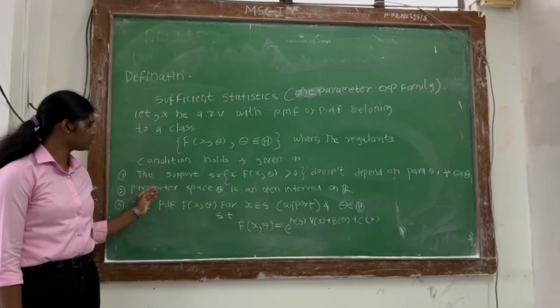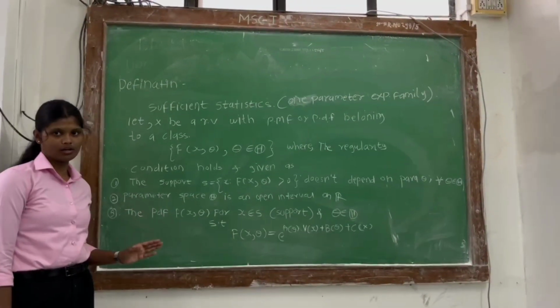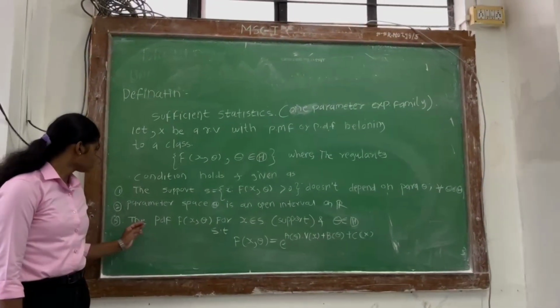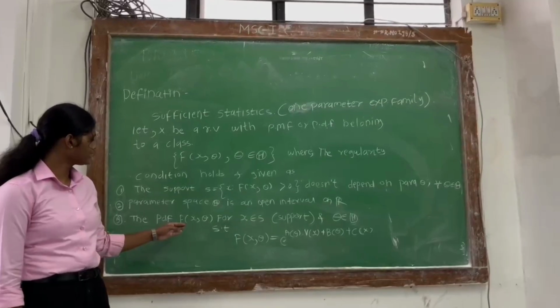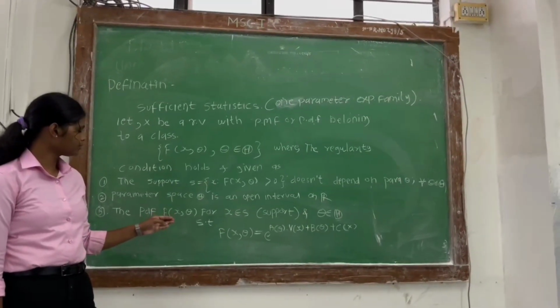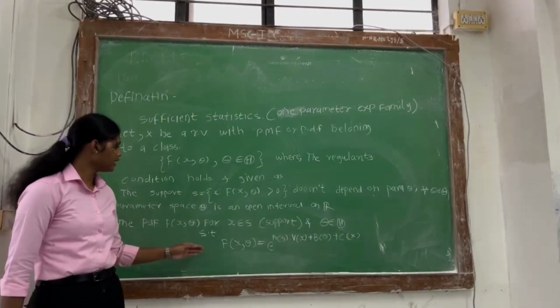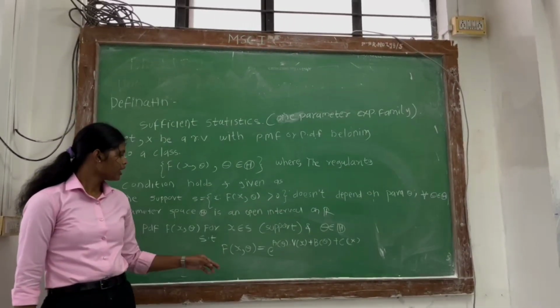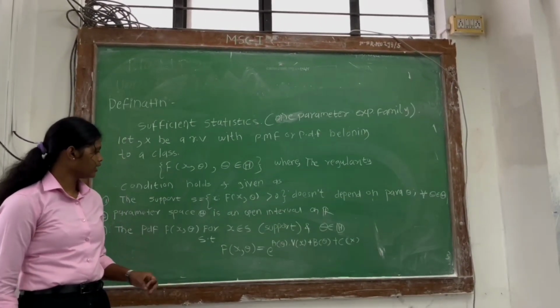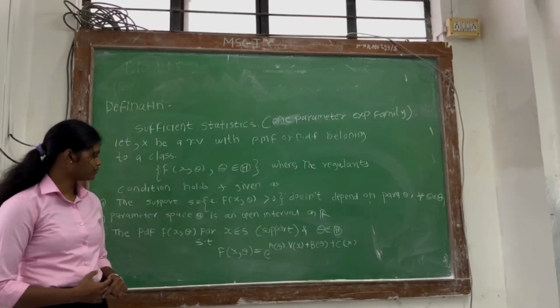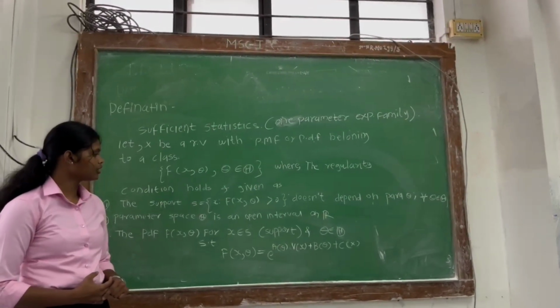The parameter space is an open interval on the real line. The PDF f of x theta for x belongs to S and theta belongs to the parameter space is such that f of x theta is equal to e to the power a of theta into b of x plus b of theta plus c of x.